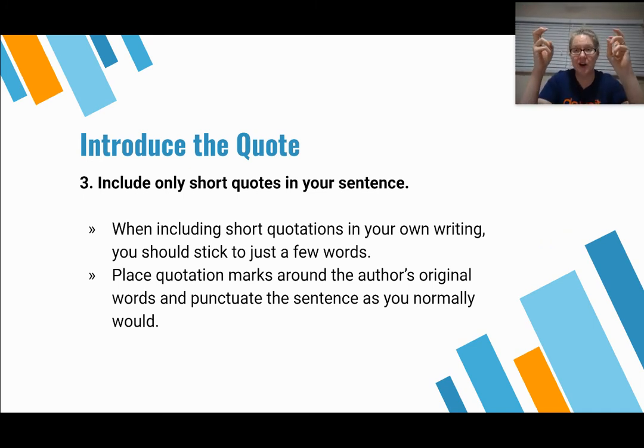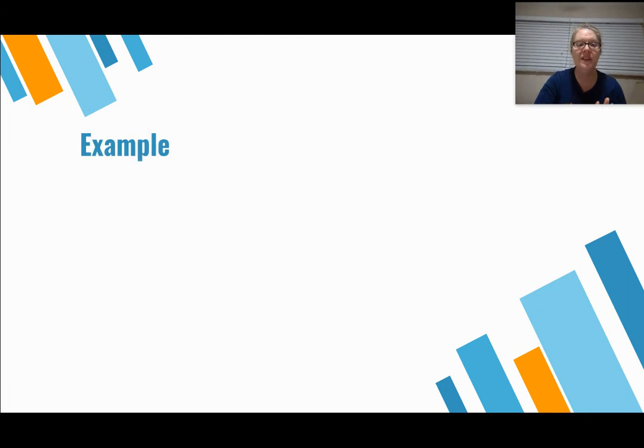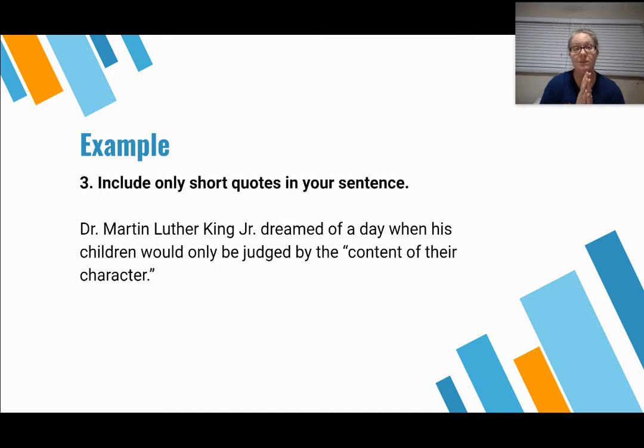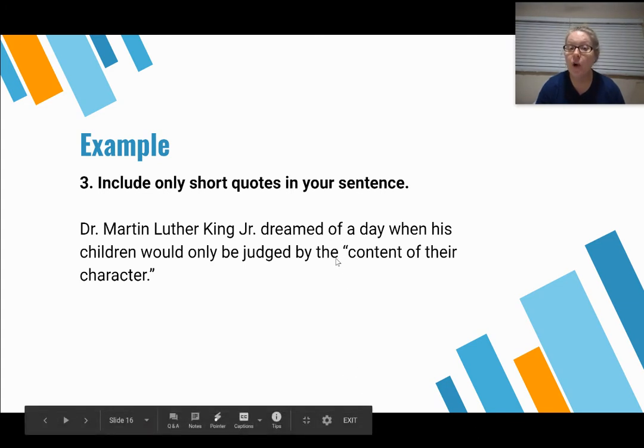You do put quotation marks around the author's original words, and you punctuate the sentence as grammar tells you to punctuate it. So let's look at that. Here's our example. Dr. Martin Luther King dreamed of a day when his children would only be judged by the "content of their character." So in this paper, the most important piece is "content of their character." And you can notice there is no comma here because I'm summarizing.